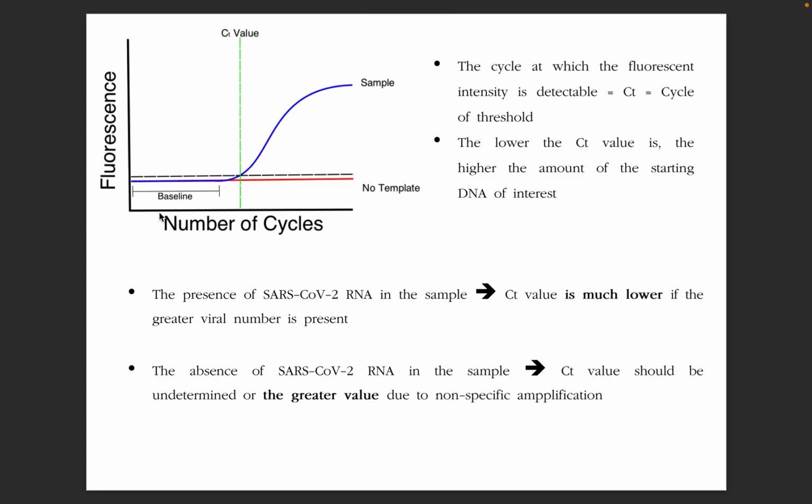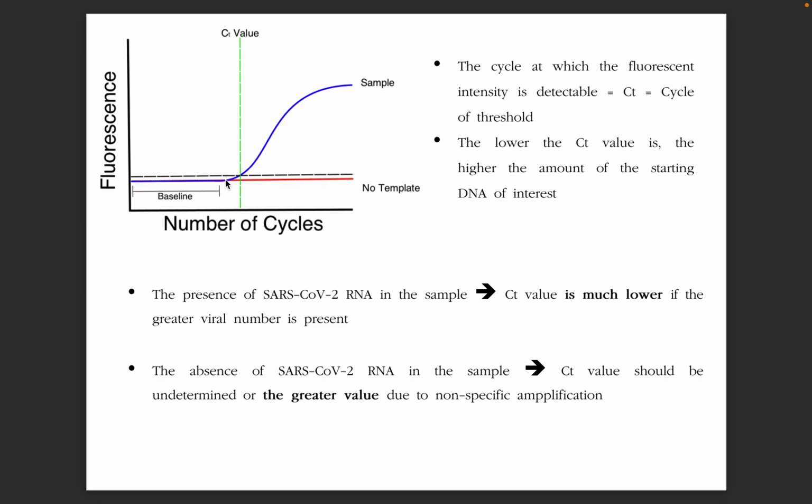When the results are reported, that is normally a graph plotted between the fluorescent intensity and the cycle number. It is a sigmoid curve. At the lower cycle numbers, the fluorescent intensity is low, reflecting the low copy number of the product.